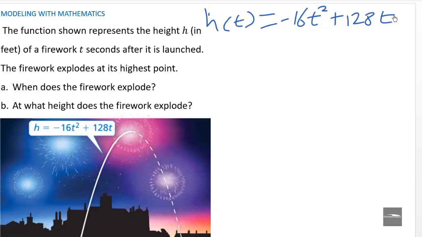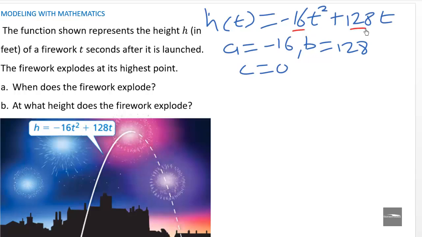So with this, we can see that a is equal to negative 16, b is equal to 128, then c is equal to 0. So this is a, this is b, and there's no non-zero constant, so the constant is 0.